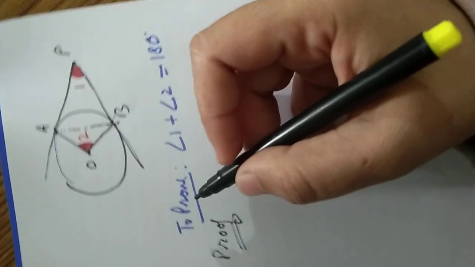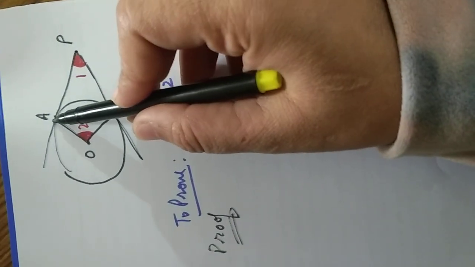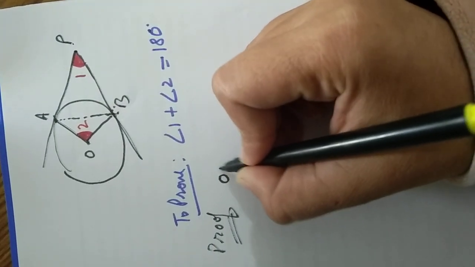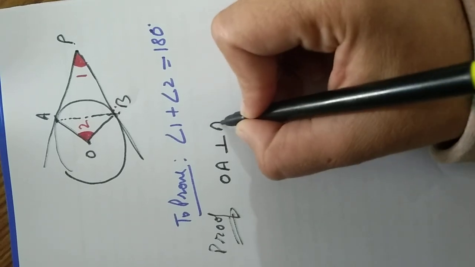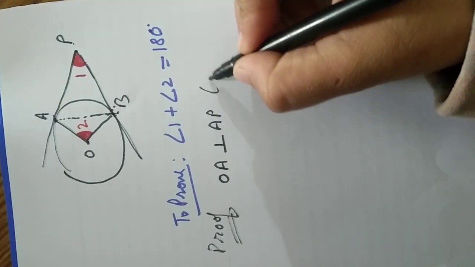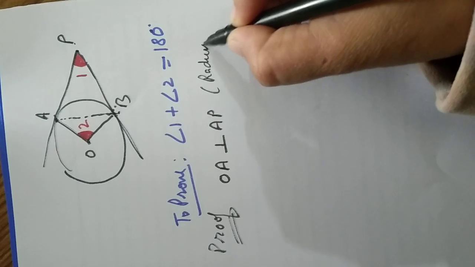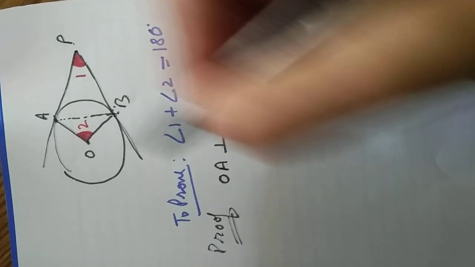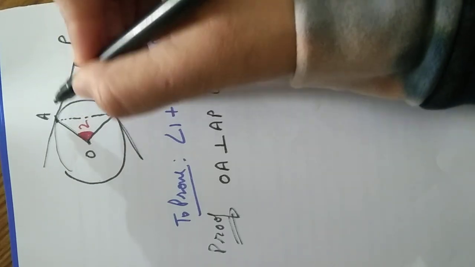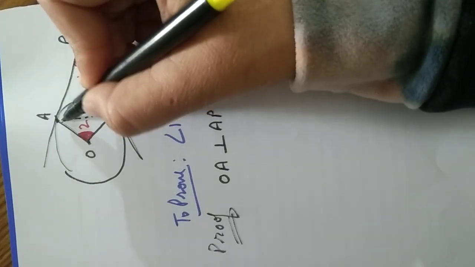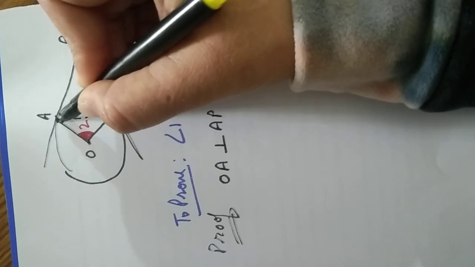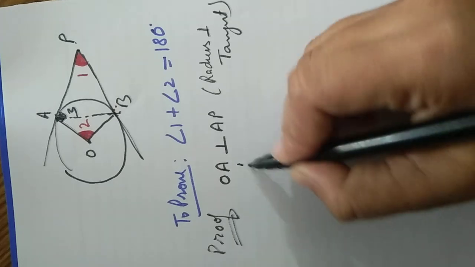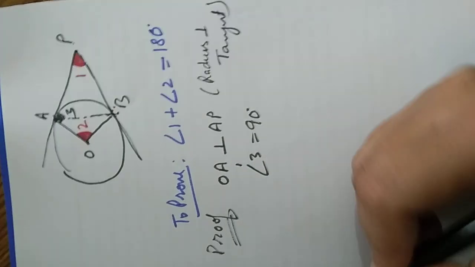Since OA is the radius and AP is the tangent, and we know that the radius is always perpendicular to the tangent, OA makes an angle of 90 degrees at point A. Let's mark this angle as angle 3, and we write angle 3 is equal to 90.